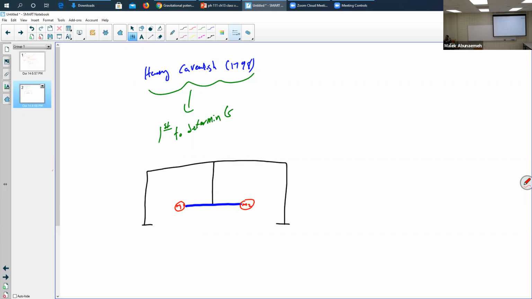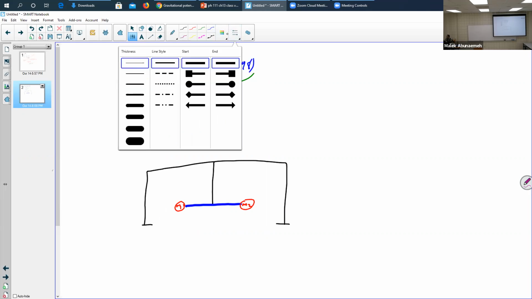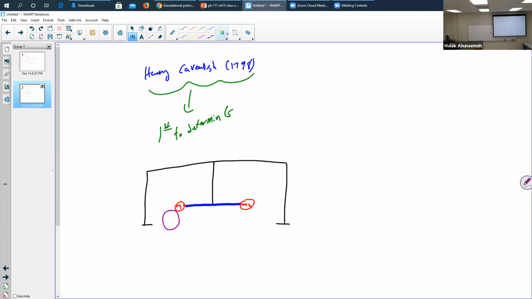Now, he got two big spherical balls close to it. So you've got one big one over here, one big one over here. If I'm not mistaken, they were about 167 kilograms, and M1 was close to 5 kilograms.